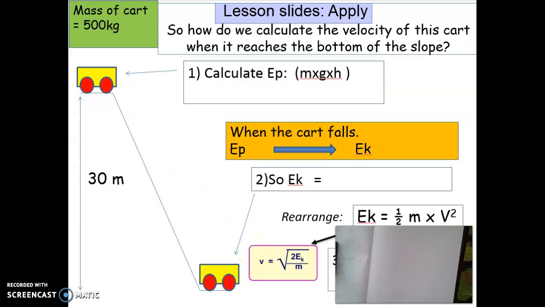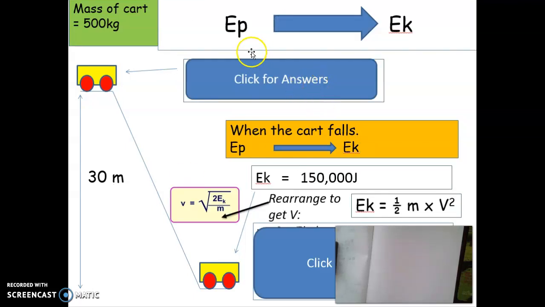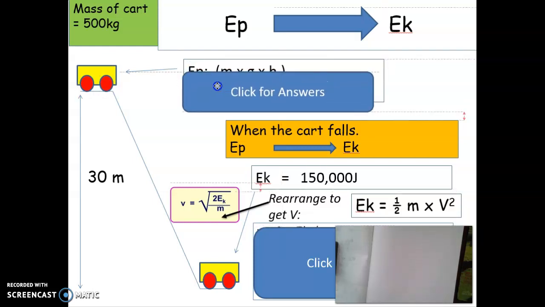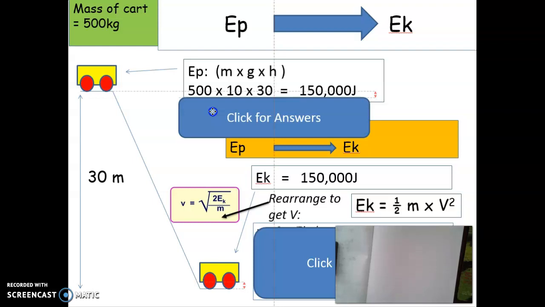Up here we've got our cart and we need to calculate our gravitational potential energy, so it's mass times gravity times height. Our 500 kilograms times force of gravity 10 times 30 meters gives us 150,000 joules. Now, we said that in a perfect world, the energy in our EP store would swap into our kinetic energy store.